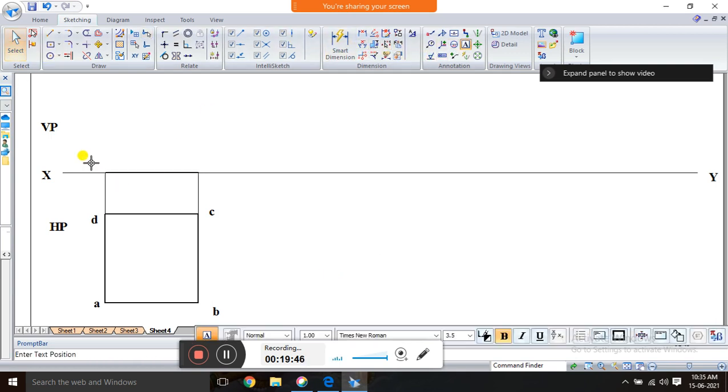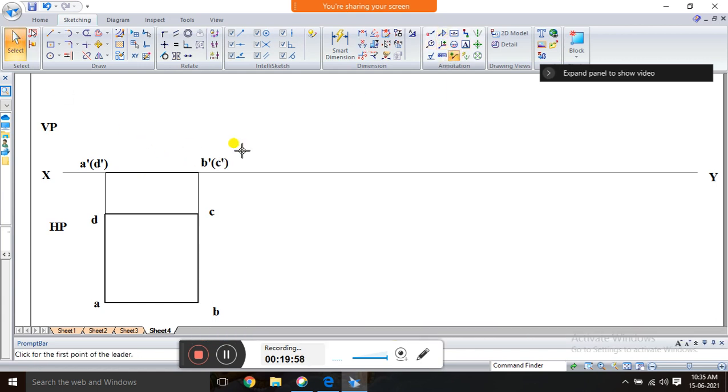If you see from the front, A dash is visible but D dash is not visible, so I wrote it in brackets. Here B dash is visible but C dash is not visible, so I wrote it in brackets. And you have to show the arrow mark for projection. So this is the representation of the first view.